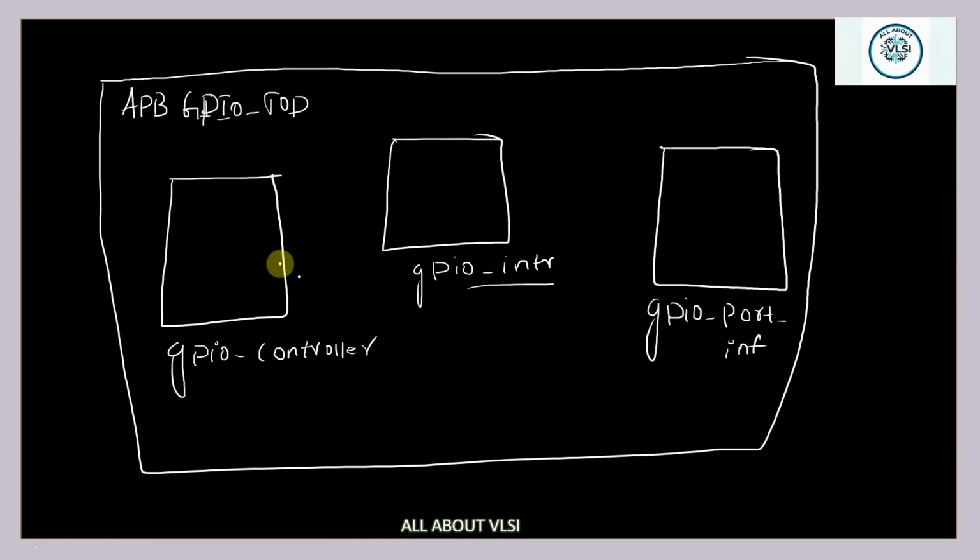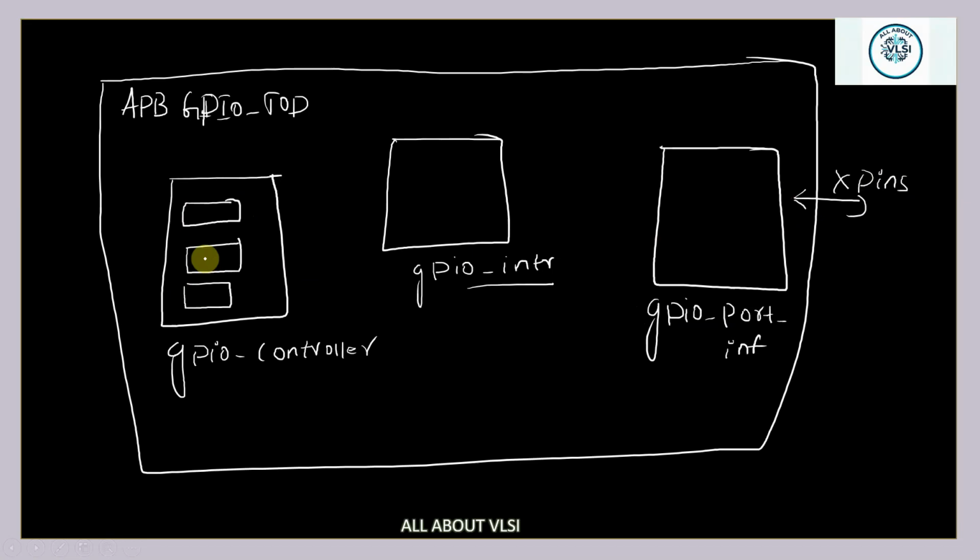Whatever registers we have discussed will be present inside your GPIO controller. According to the register configuration, we are going to decide the direction, whether we are going to write into the IO pins or read from these pins, depending upon the direction register values.